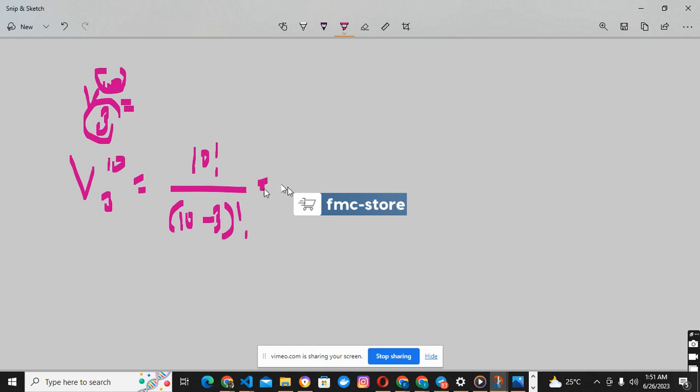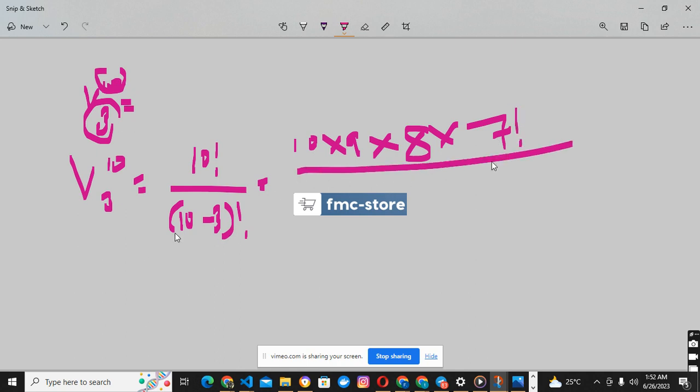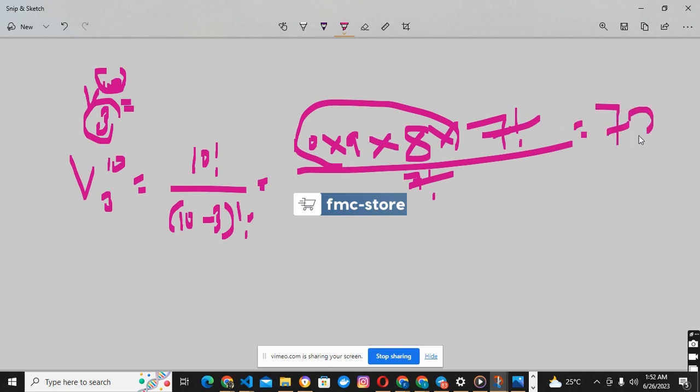From 10 factorial we have 10 times 9 times 8 times 7 factorial. 10 minus 3 is 7, so we have 7 factorial in the denominator, and the 7 factorials cancel out. So we are left with 10 times 9 times 8, which gives us 720. And that is if you use variation.